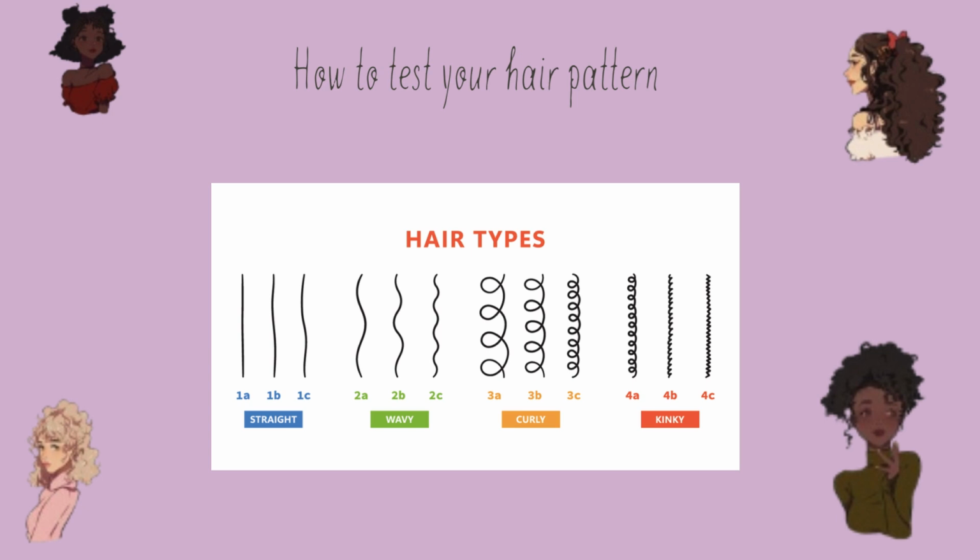And it's not that important to know which letter you fall under, as it's not scientifically proven or standardized, but it's just a way for people to categorize the hair.